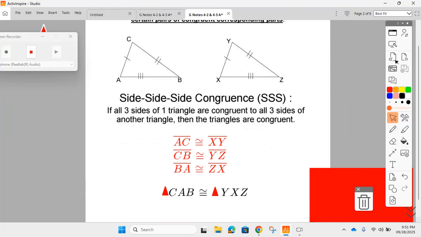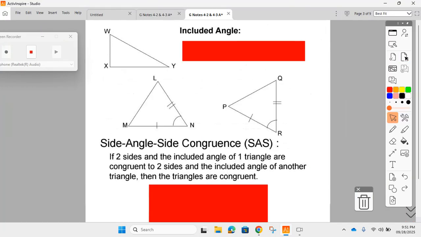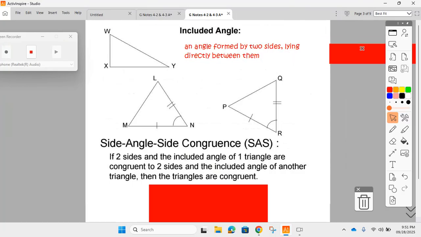The other shortcut we're going to learn is what if we only know 2 sides and 1 angle. Now it's got to be a specific angle here, and it's got to be an included angle. Well, what does that mean? An included angle is an angle formed by 2 sides, lying directly between them. So angle W is the included angle between this side and this side.